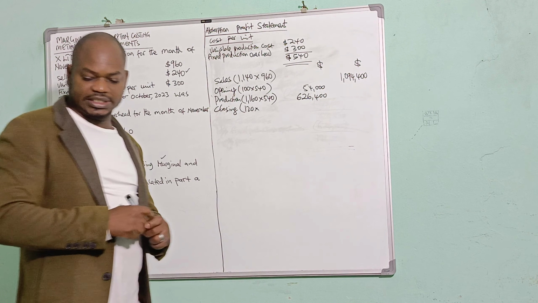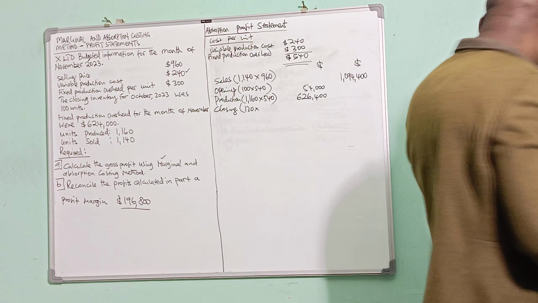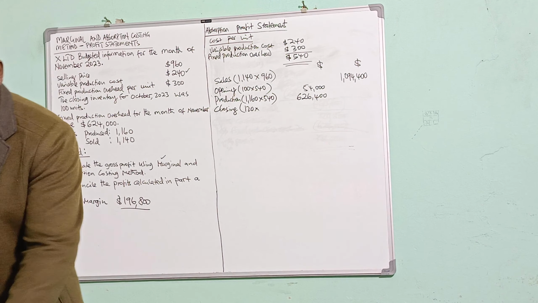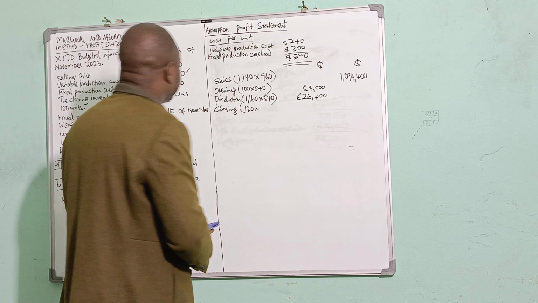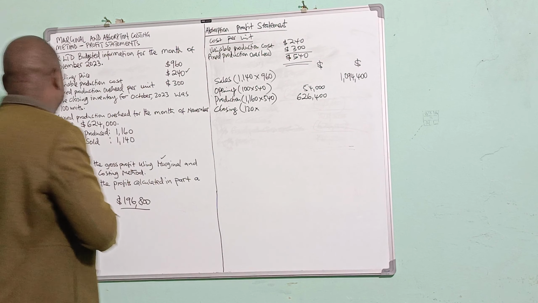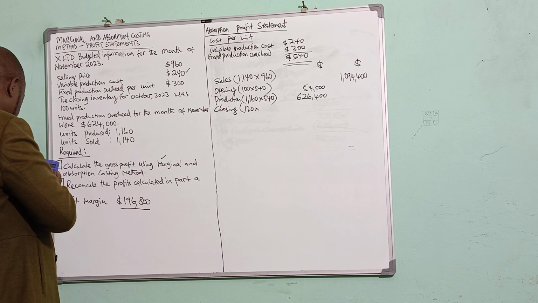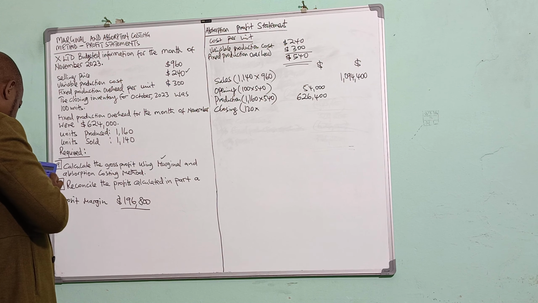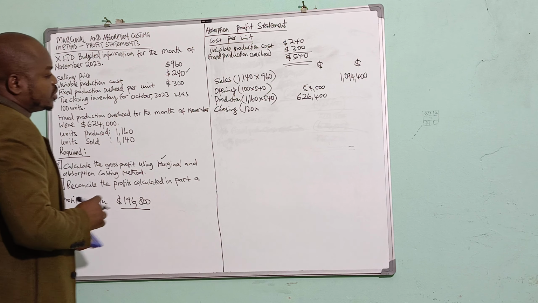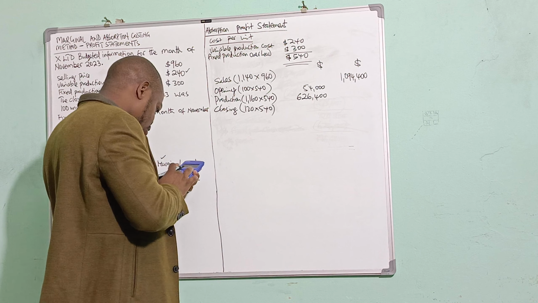We know where the 120 is coming from. We said 100 plus the units produced less the units sold. Okay, so the closing inventory is 120, which is basically 100 plus units produced minus units sold, valued at 540 as well.